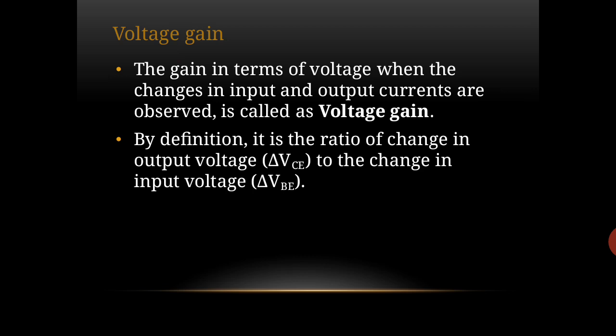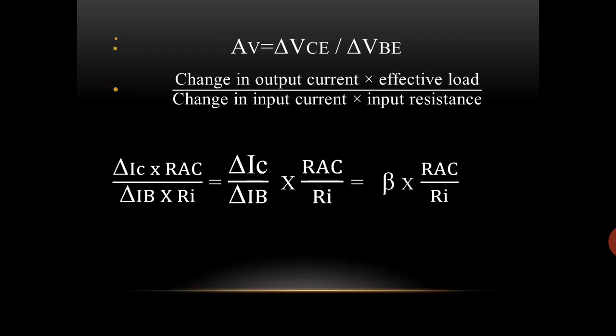Simply, if anyone asks you the voltage gain definition, you can easily say delta VC upon delta VB. Delta means the change. So this is the formula, delta VC upon delta VB, and it is denoted by A with suffix small v.